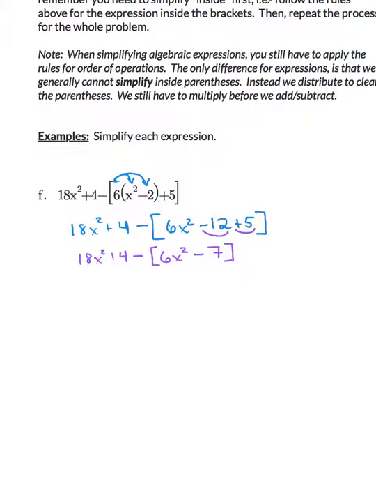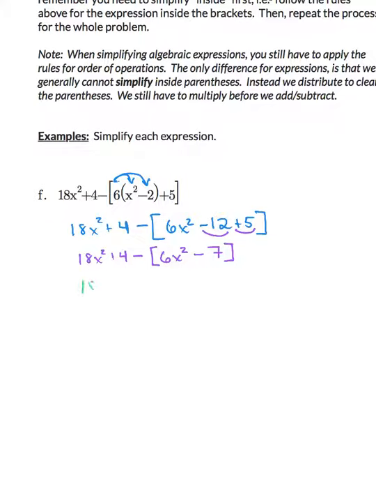One thing to note that's a common mistake that I see on exams from students is a lot of people will try to distribute the 4. And here's the thing, is this 4 times all of this stuff? It's actually not, it's 4 minus all of this stuff. So the 4 is not going to get distributed. The only thing that we are going to distribute is the negative sign.